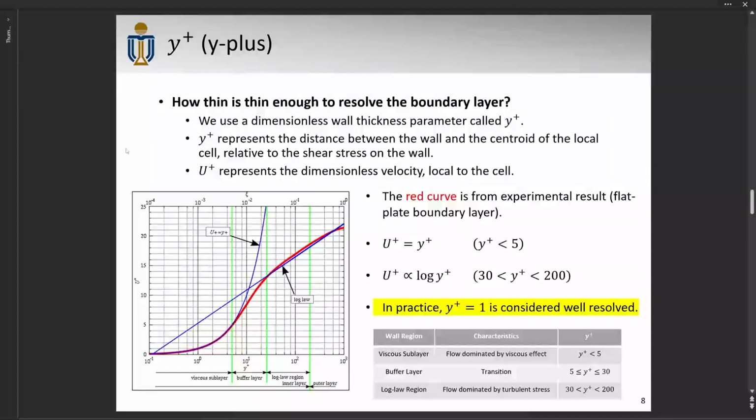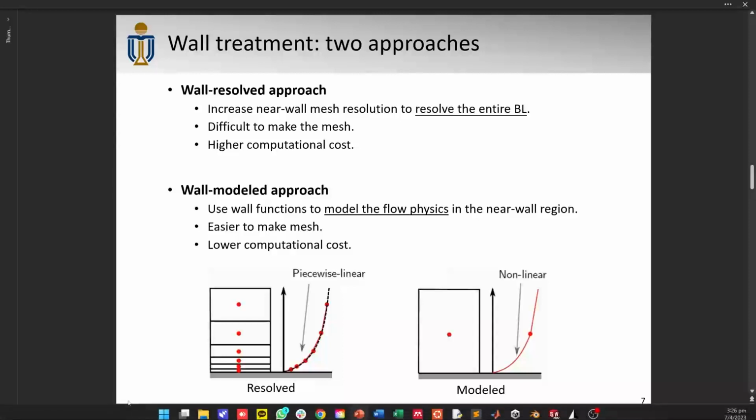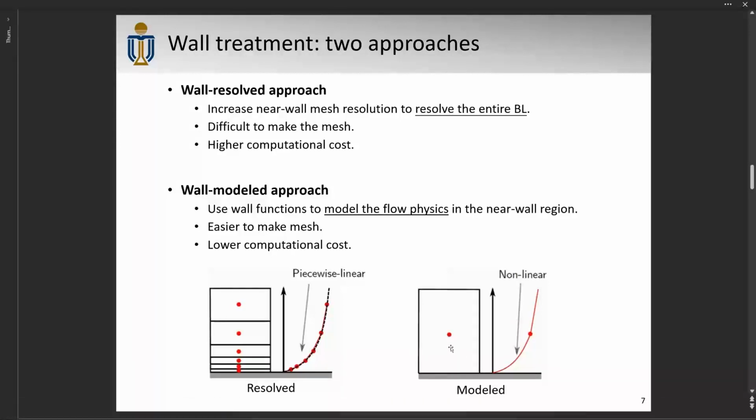So think of this as a dimensionless parameter that's related to, for instance, this distance here from the wall to the centroid of the cell. So a larger y plus means you have a taller cell, whereas a smaller y plus means you have a very short cell down here. Okay, and this is only talking about the first cell next to the wall.